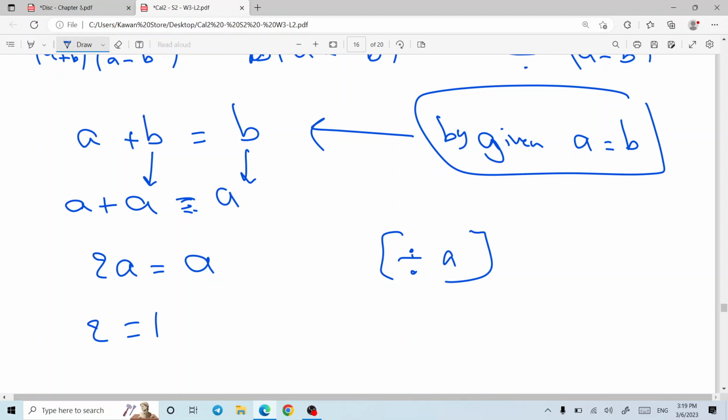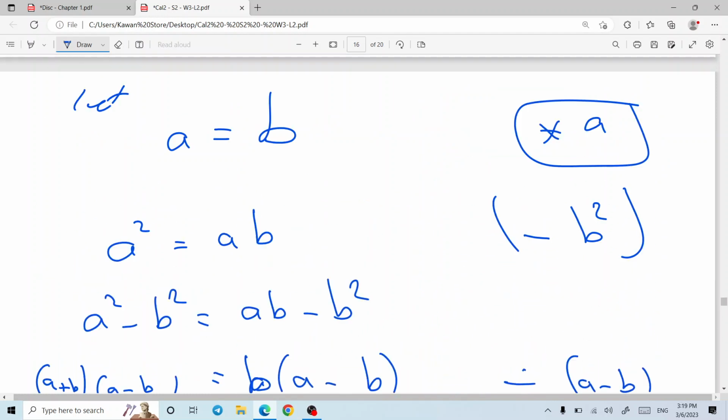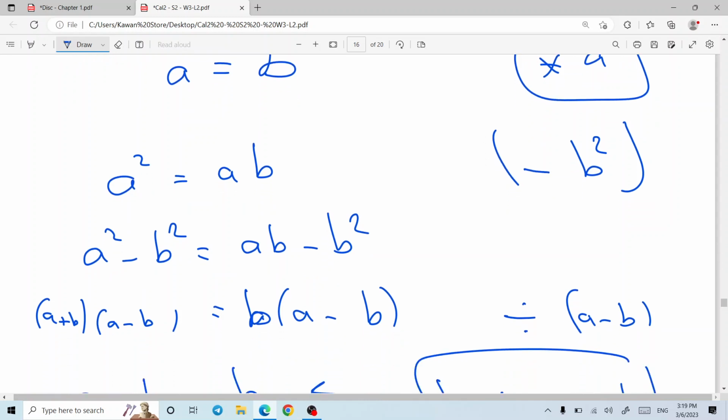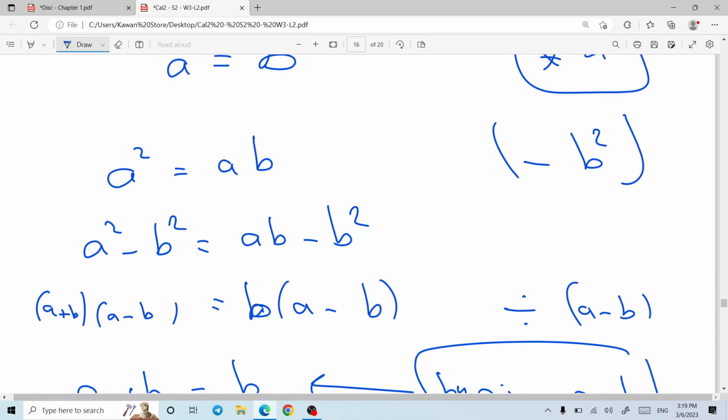Today, 1 equal to 2. Why? Where's the mistake? Everything is clear. A equal to B. As algebra, everything is clear. A square, we multiply just by A, so A square equals AB. We subtract B squared on both sides.